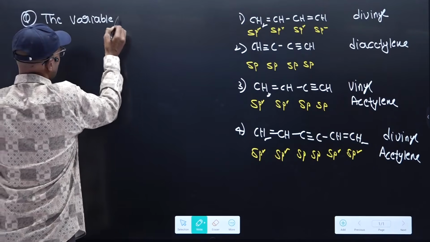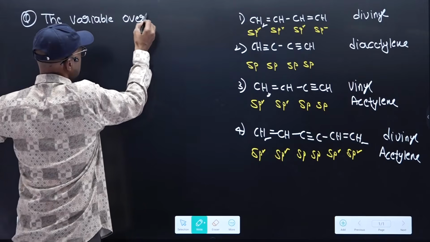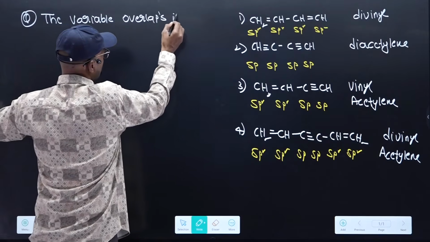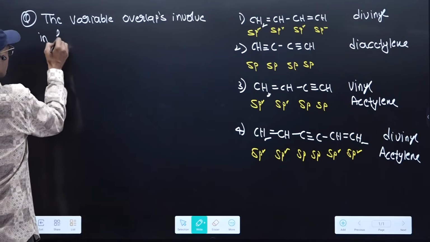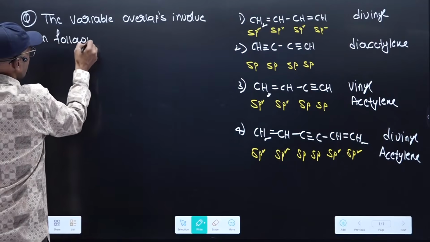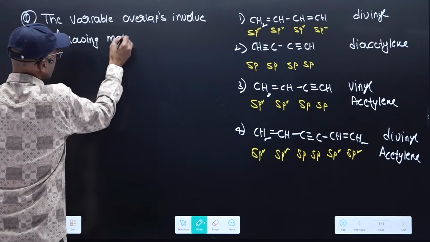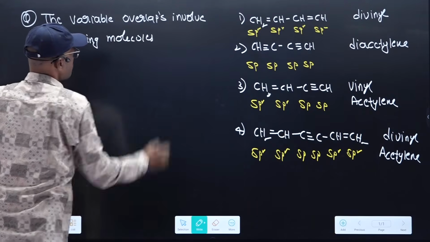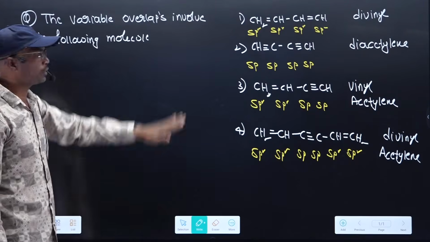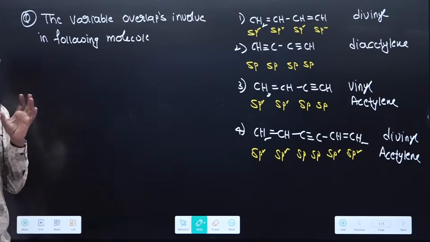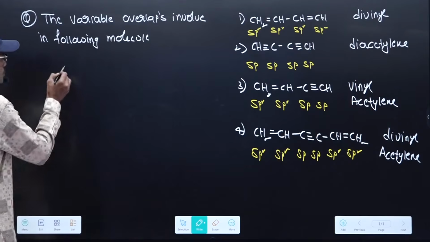So I'm taking one molecule, the variable overlaps. The variable overlaps involved in the following molecule. What are the variable overlaps involved in the following molecule? I'm going to give one molecule. In that molecule, try to identify the variable overlaps, the different overlaps. Okay, so this is that molecule.